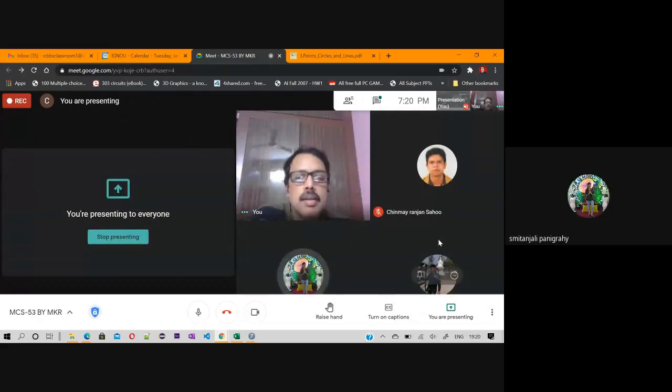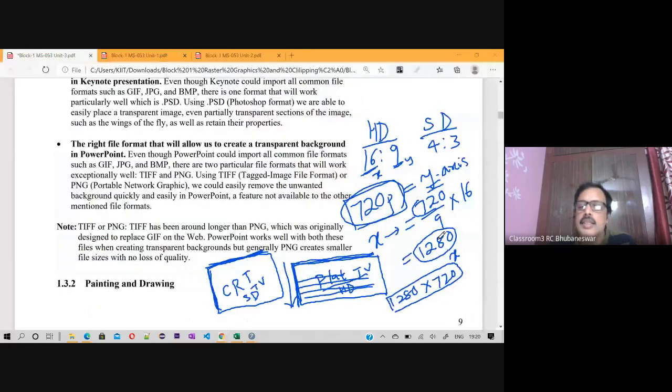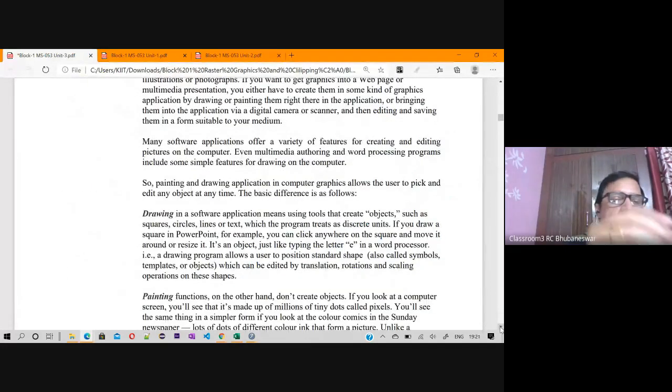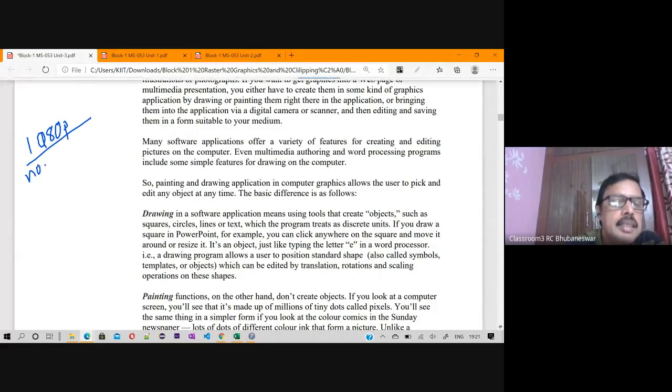Yes, sir. Now, one more question: how many pixels will be there in one screen for 1080p? What would be the computation again?